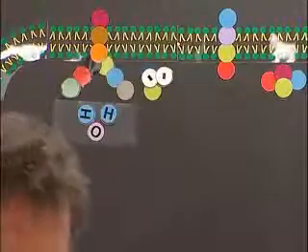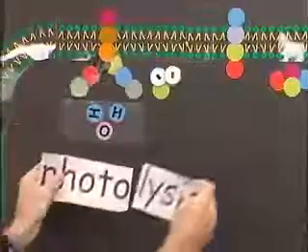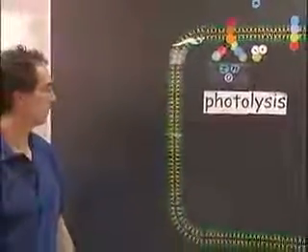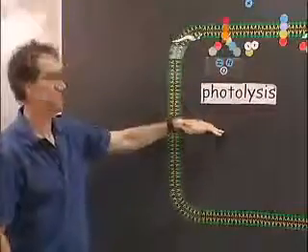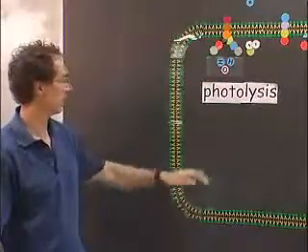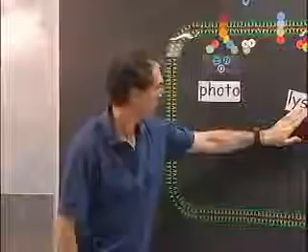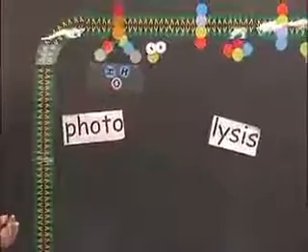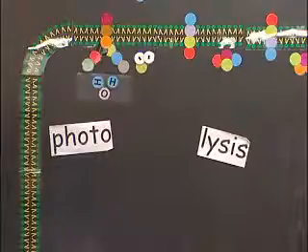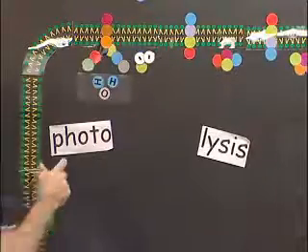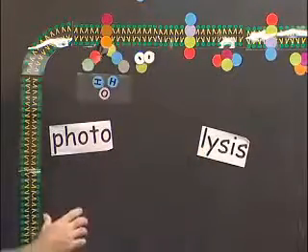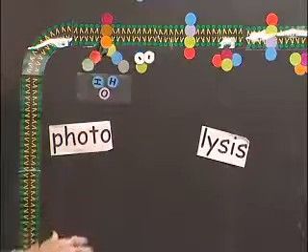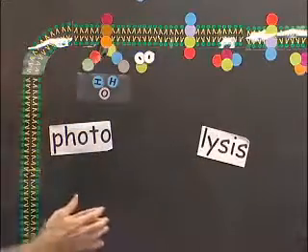Now, one thing I've done with just using paper is, after I conduct the reaction, to split the word, because we're splitting the water molecule. And an interesting thing that I focus in on at this time is, even when I split this, photo means light, lysis means to split.